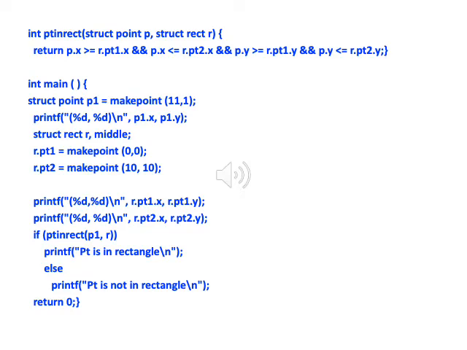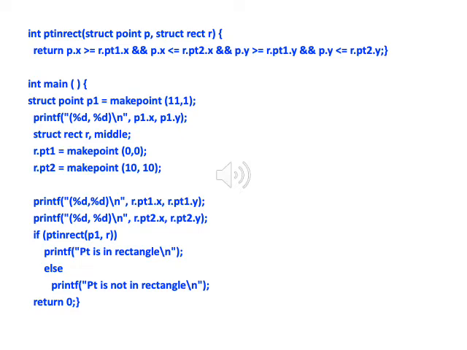Now for the x value of P1 we need to check whether it is within the bounds of the x values of point P1 and P2. So what we do is r dot pt1 dot x gives us the value of point 1 for that rectangle, and r dot p2 dot x gives us the value of point 2 for that rectangle.